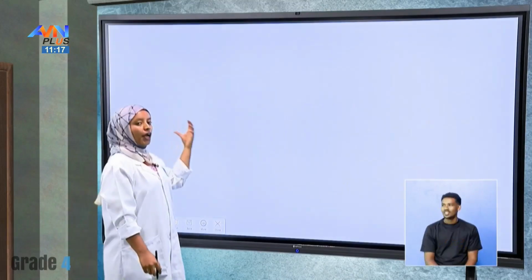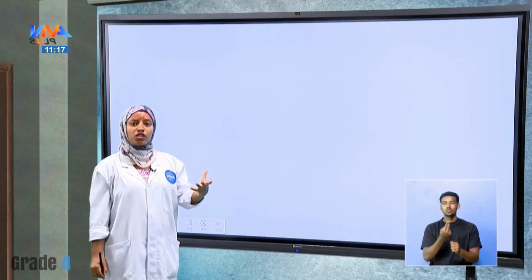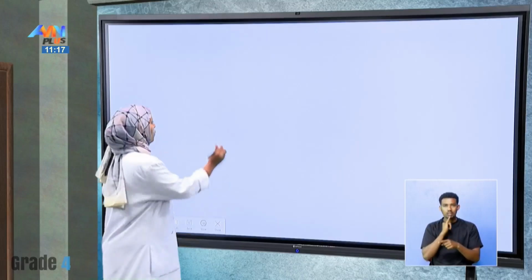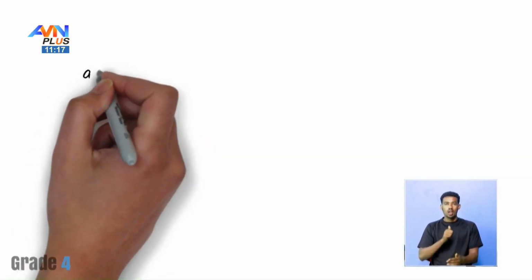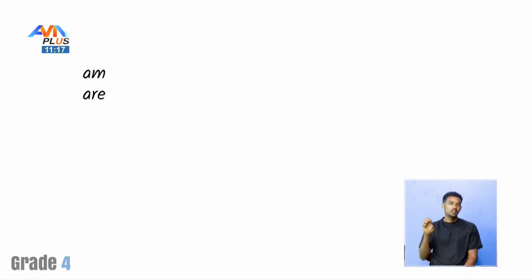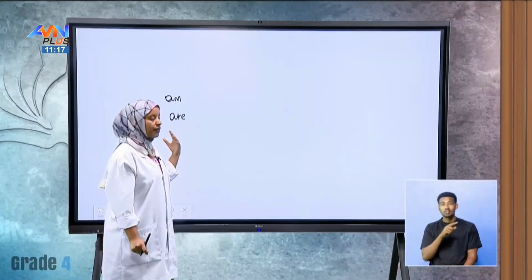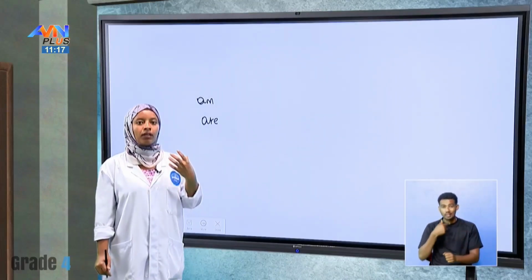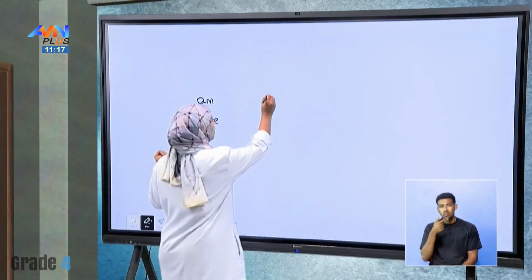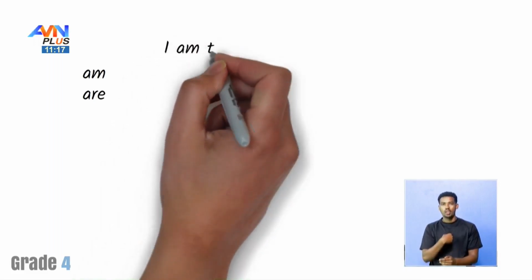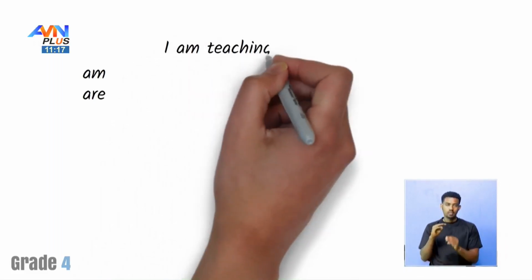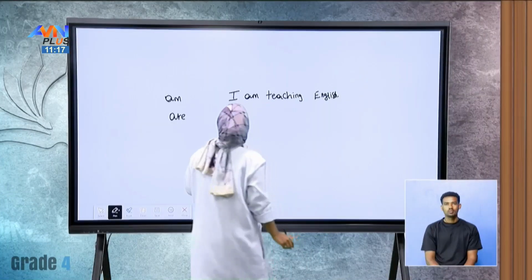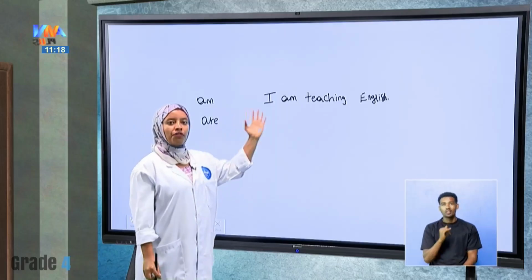Let us continue. We can use it also to make questions and negative sentences. We already practiced is, so let us start with am and we'll close it with are. So here is am and are. For example, what can I say? I am teaching English. Here is a positive or affirmative sentence.